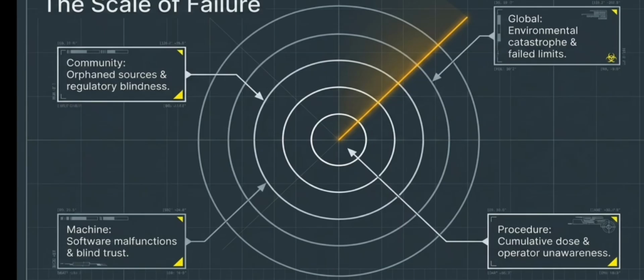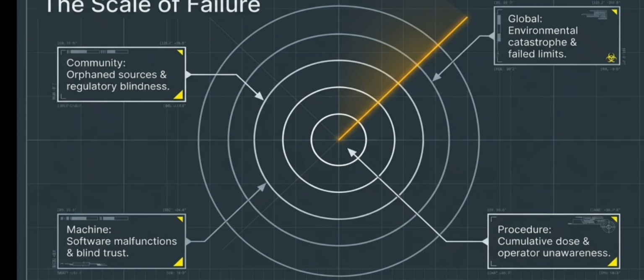We begin by acknowledging a fundamental dichotomy. On one hand, modern imaging is an essential tool. It saves lives daily by providing unparalleled diagnostic clarity and vital interventional guidance. However, on the other hand, we face serious biological risks.